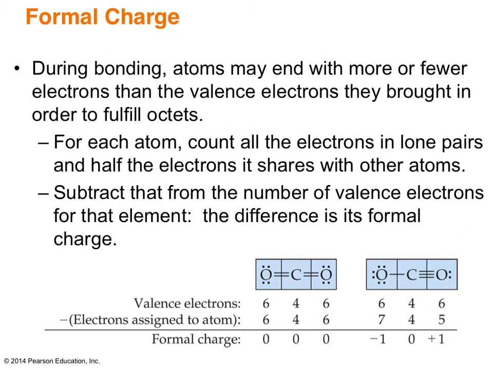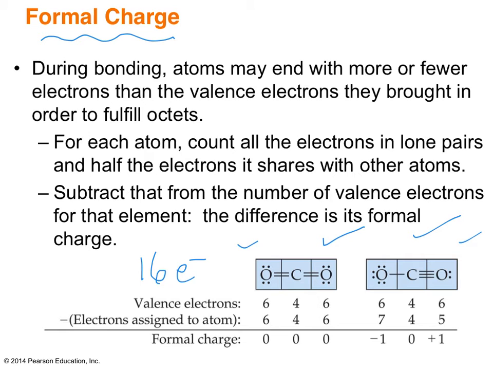Sometimes you end up with 2 possible Lewis structures. Check this out. Carbon dioxide has 16 valence electrons. If you follow those rules, you could end up with either one of these Lewis structures, and you then have to decide which one is the better Lewis structure, which one is more stable. You use something called the formal charge to determine the stability of the Lewis structure. This sounds a little complicated to begin with, but it really is quite easy.